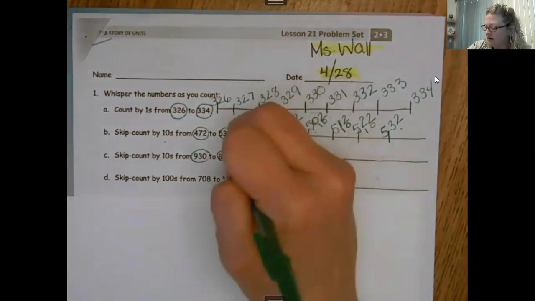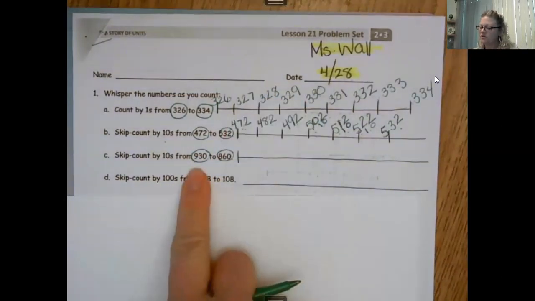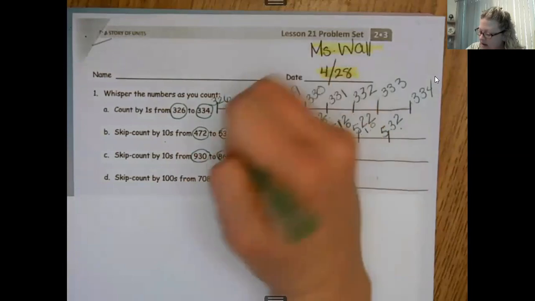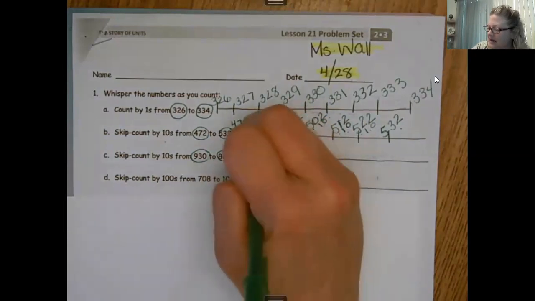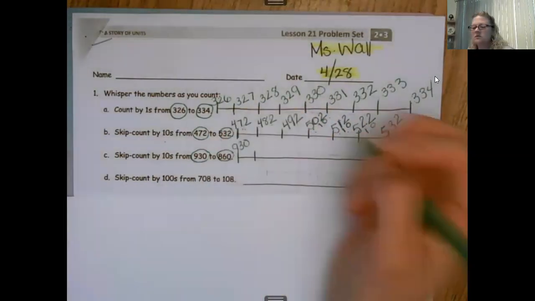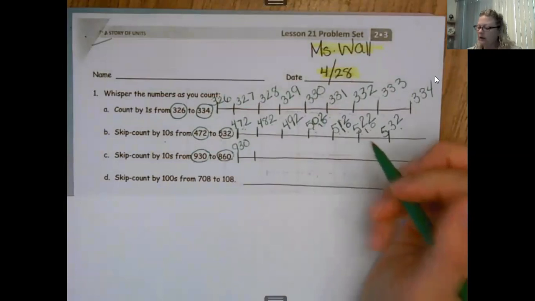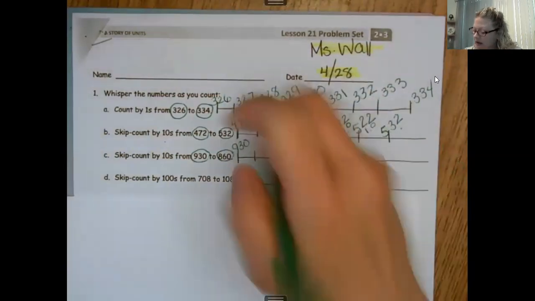So make your starting line. And the first number we're going to write is 930. And we're going to hope Miss Wall doesn't get confused and remembers we're counting backwards. Okay, so now we're taking away. What I'm going to do to help me is write the 10 like I did here.